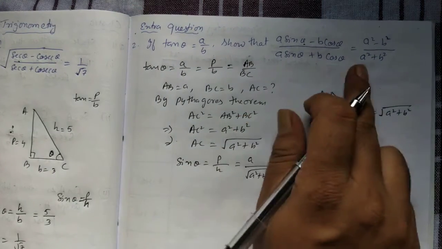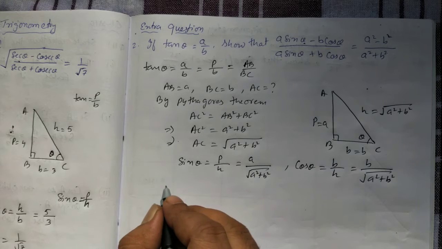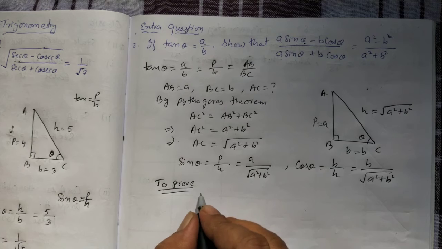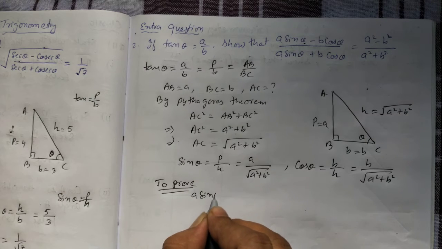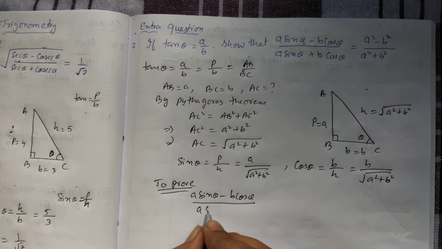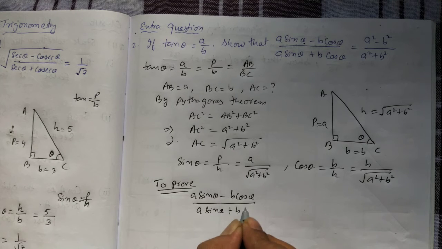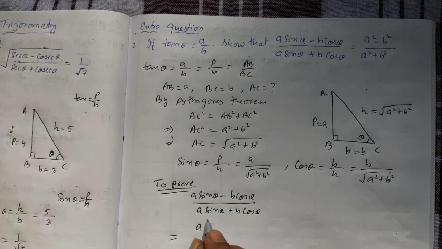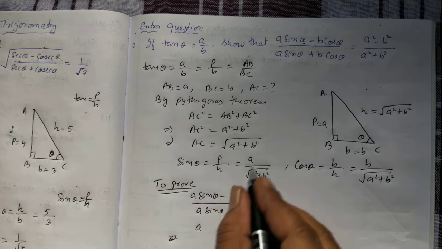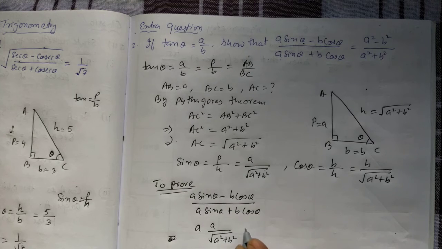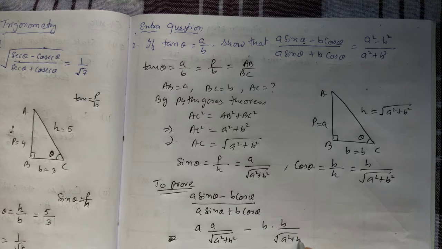Now let us prove this. A sin theta minus B cos theta over A sin theta plus B cos theta. So put the value. A sin theta is how much? A by root over A square plus B square minus B into B by root over A square plus B square.